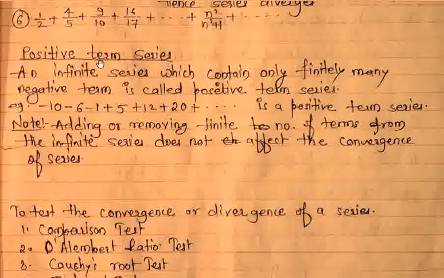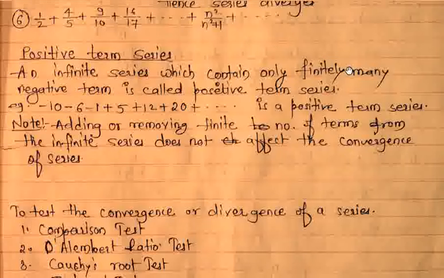This is a positive term series. An infinite series which contains only finitely many negative terms is called a positive term series. So what does this mean? It's infinite, so it goes on forever, but it contains only finitely many negative terms.